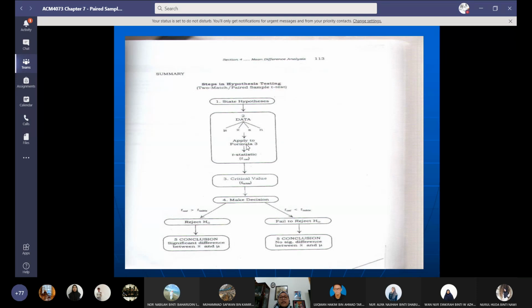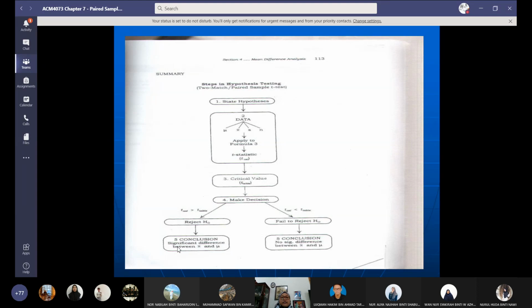When you have the T calculation and the T critical value, then you have to make a decision. If your T calculation is more than T table, the critical value, you have to reject the null hypothesis.